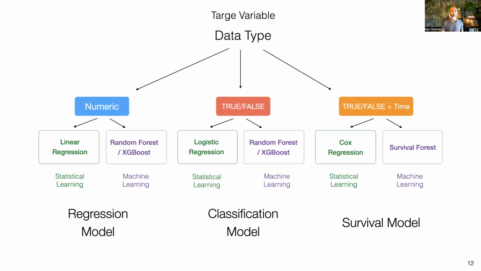The green box is statistical learning, and the purple text is machine learning. There are some differences between these two, which I'm going to cover towards the end. But I want you to understand that there are two types of learning models. And at the center, if the data you want to predict is true or false type of data, which we call the logical data type.